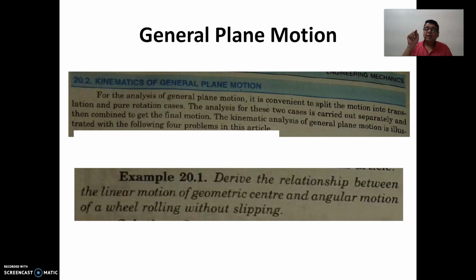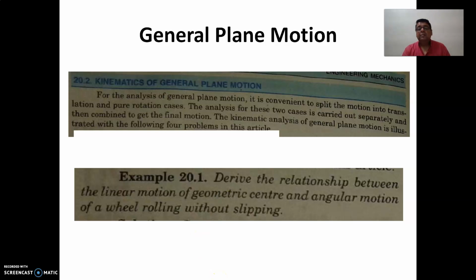So you have to find the relationship between that linear motion of geometric center and angular motion of the wheel. While the wheel moves, it rotates, and angular motion has certain angular velocities and angular acceleration.